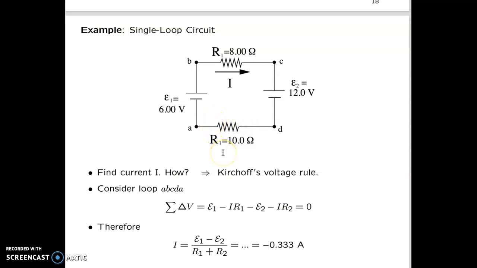Okay, so let's use one of the rules of Kirchhoff, namely the second one, the voltage rule, to calculate the current. How do we do it?